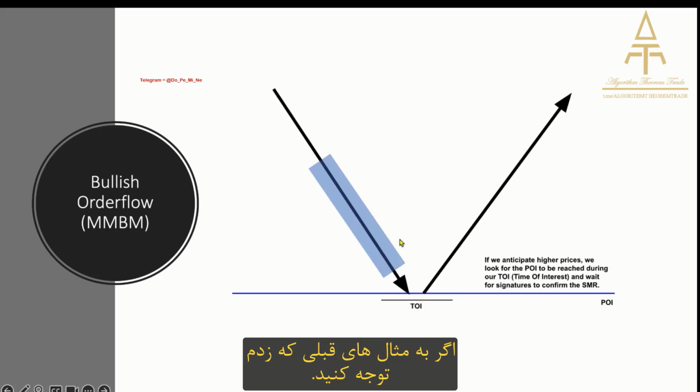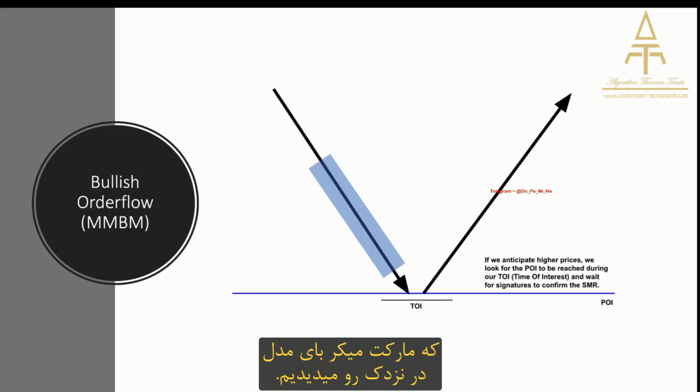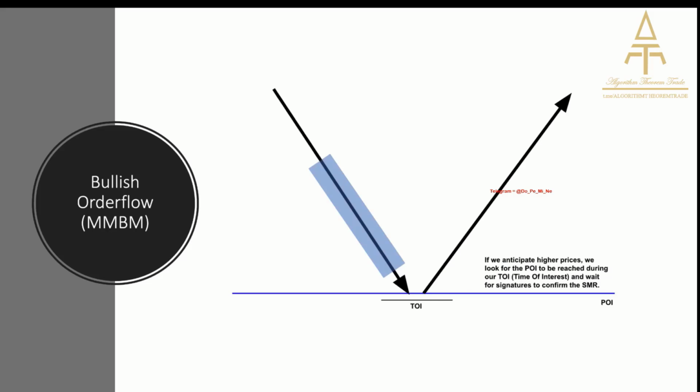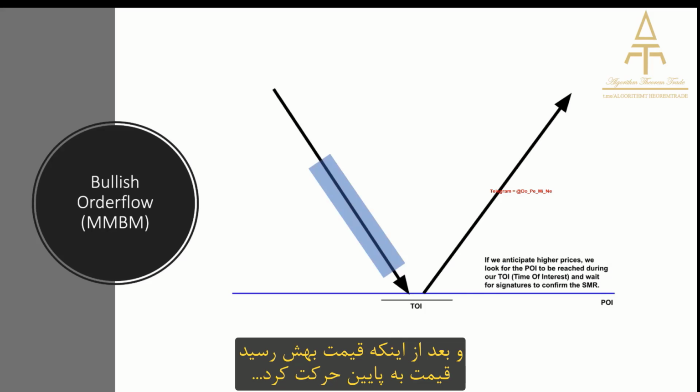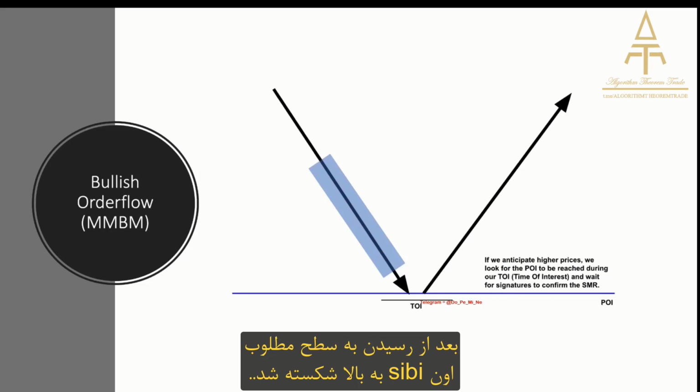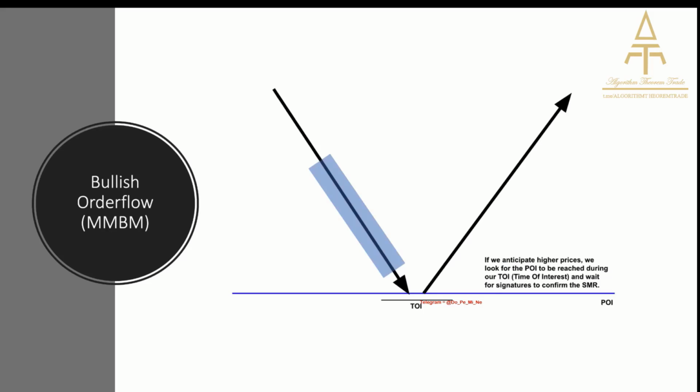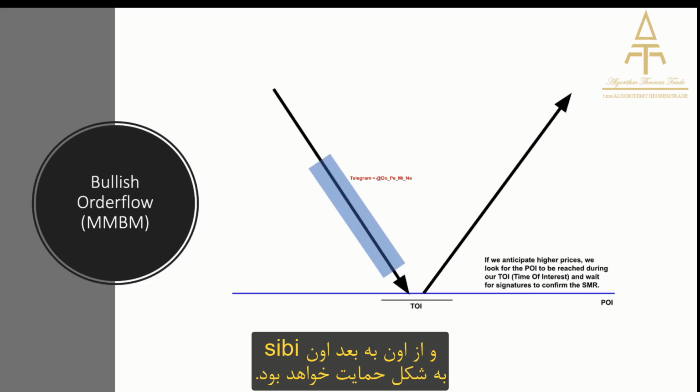Because if we think back to the example that was shared prior with regards to the market maker buy model on Nasdaq, and we think back to that CB that got created, then a high formed inside of that CB, market was sent lower. After reaching our point of interest, the market traded above that CB, and now that CB began to act as support on price moving forward.